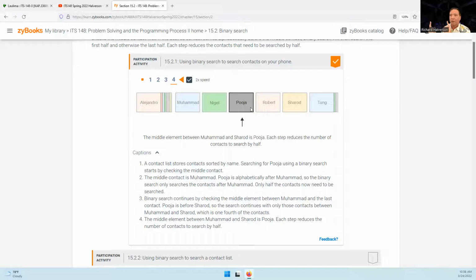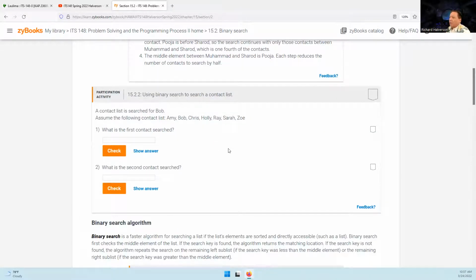This is lower and this is upper. We either lower the upper index down to here, or we raise the lower index up to here. Each time it gets cut in half. And if these two should cross, then we know that the element is not in the list. And that's how the algorithm works.